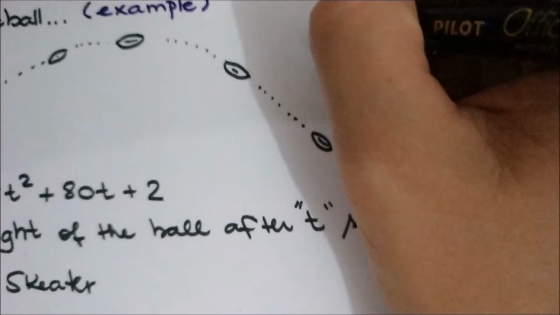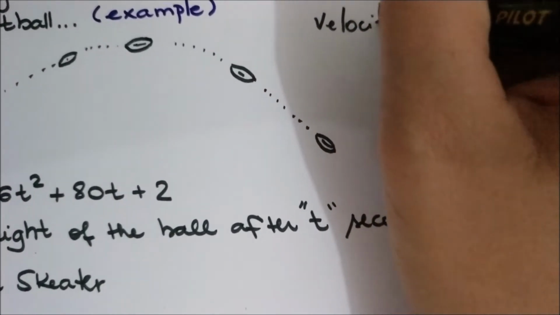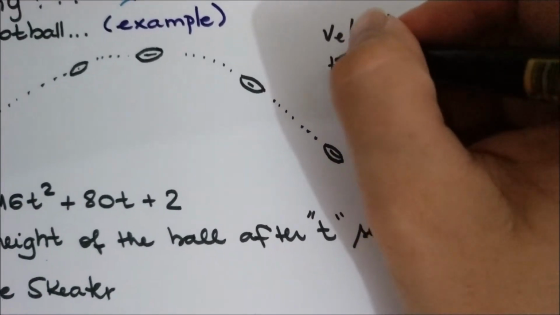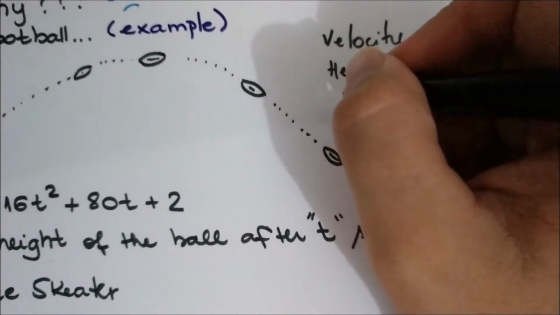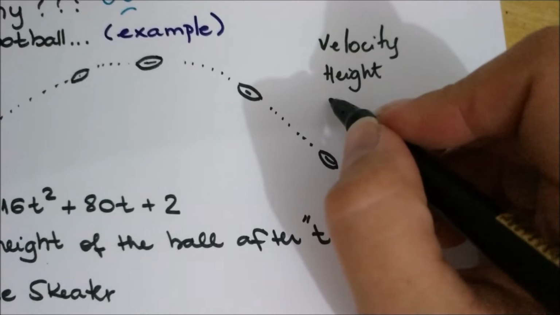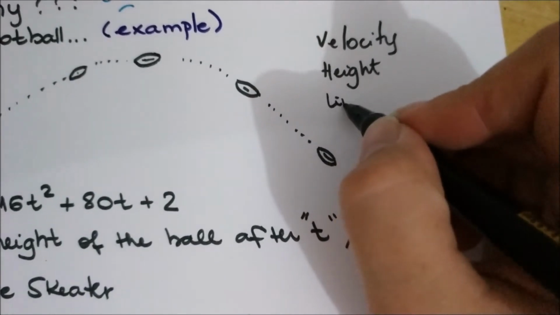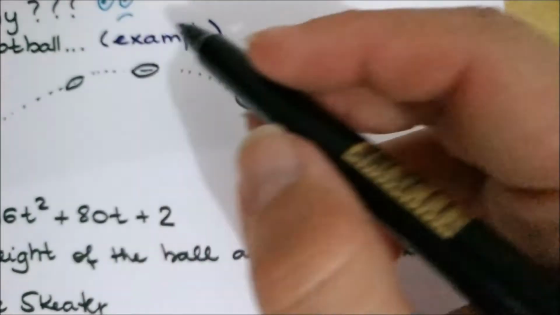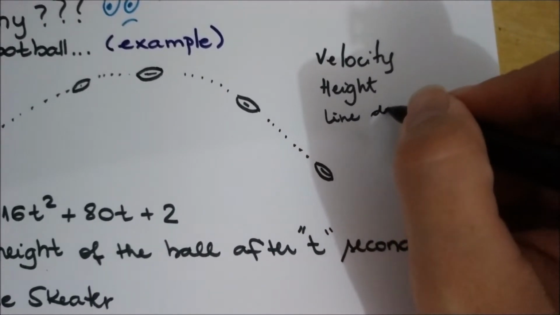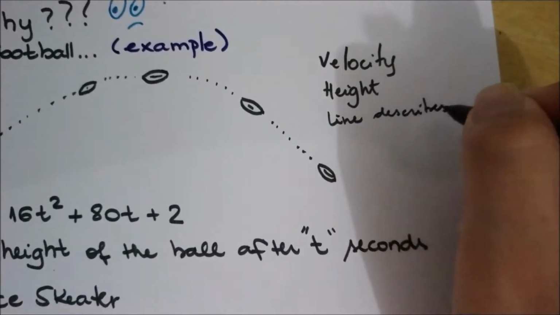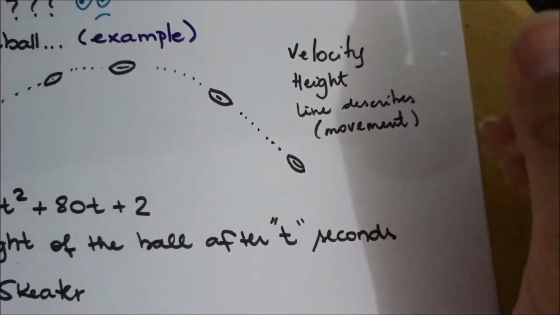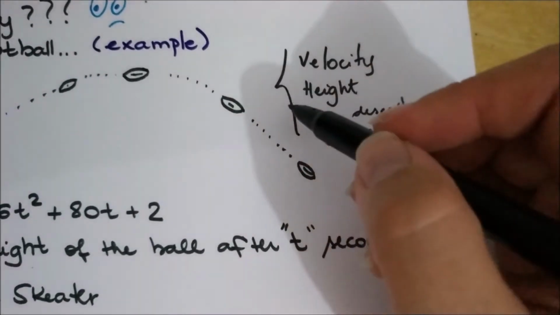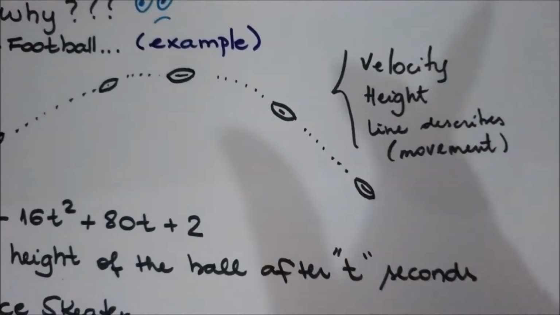So in this case, its velocity, its height, and also the line it describes, the movement, can be represented as parabolas, okay?